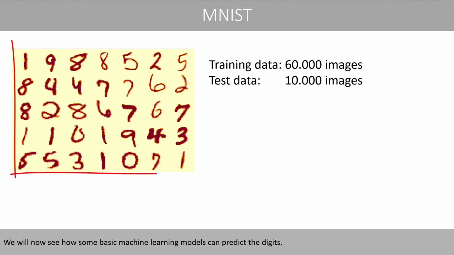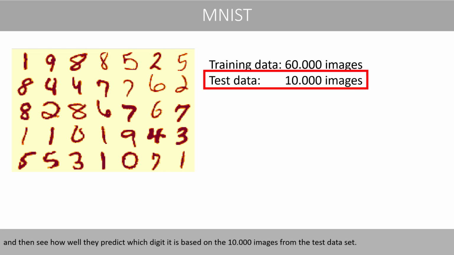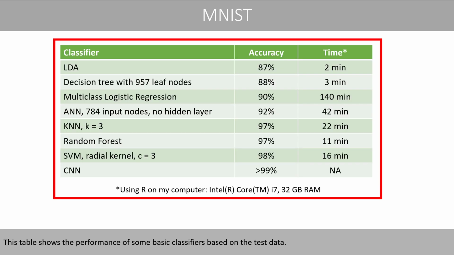We'll now see how some basic machine learning models can predict the digits. We'll train the models based on the 60,000 images on handwritten digits, and then see how well they predict which digit it is based on the 10,000 images from the test dataset. This table shows the performance of some basic classifiers based on the test dataset.